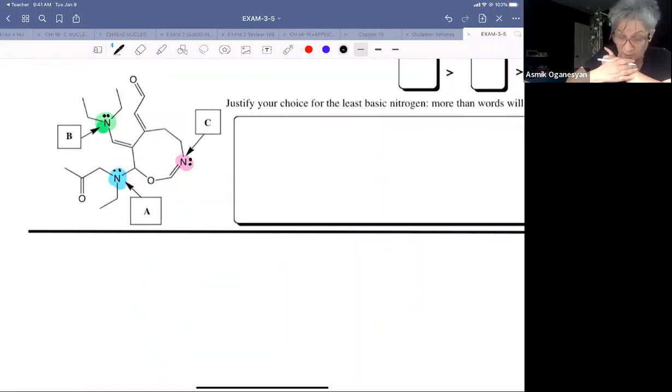So when I look at compound A, my nitrogen at the first point of attachment doesn't have anything that can resonate towards it, or resonate electron density away from the nitrogen. So there is no resonance involved in this case.